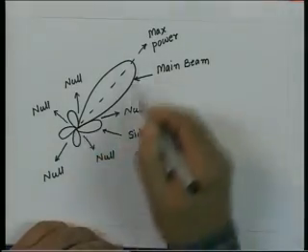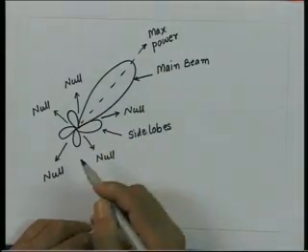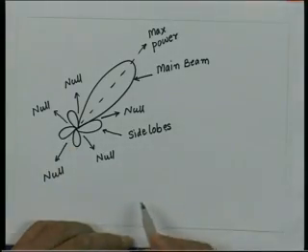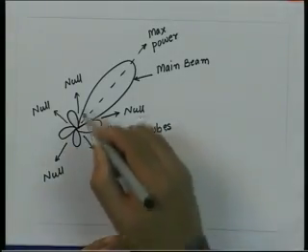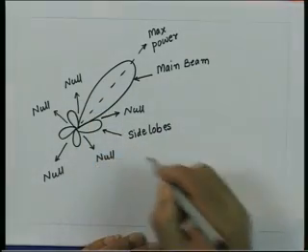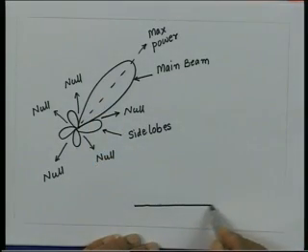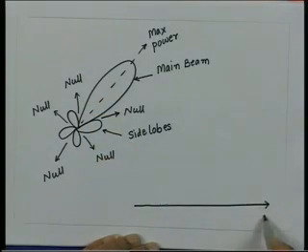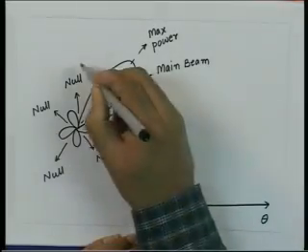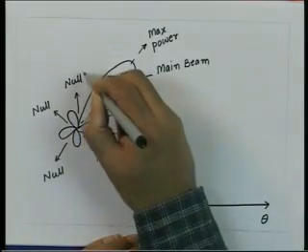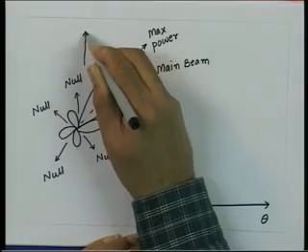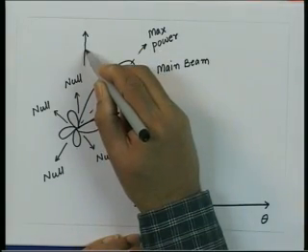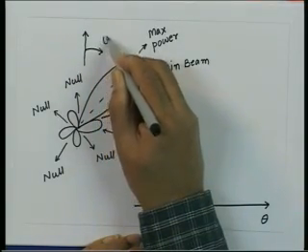The same radiation pattern many times is drawn in a Cartesian way. That means, I measure the angle theta, with some reference direction, and plot this angle like a Cartesian coordinate.